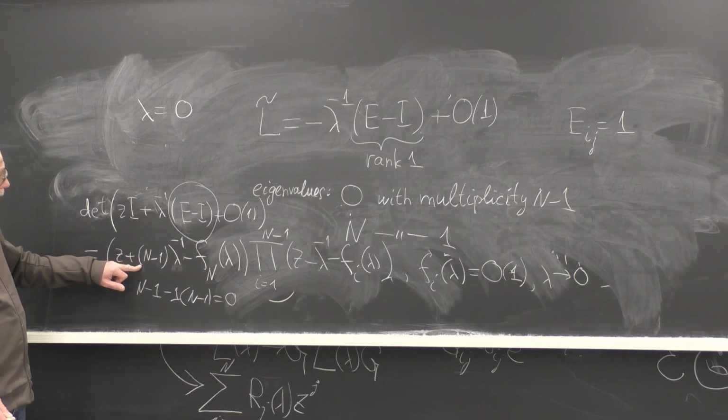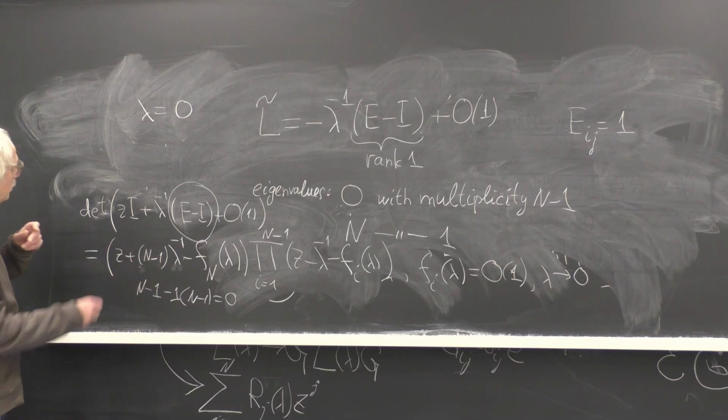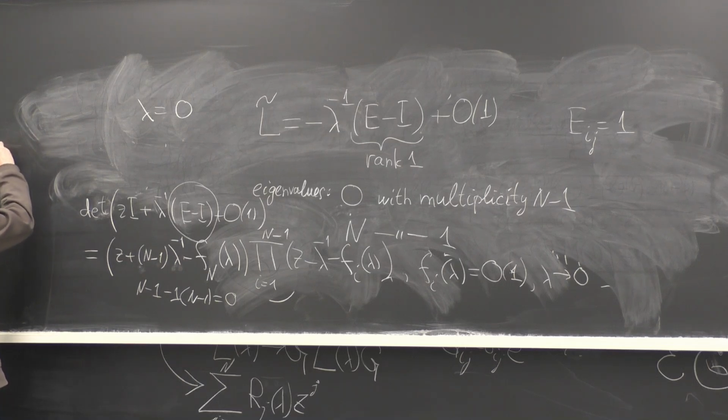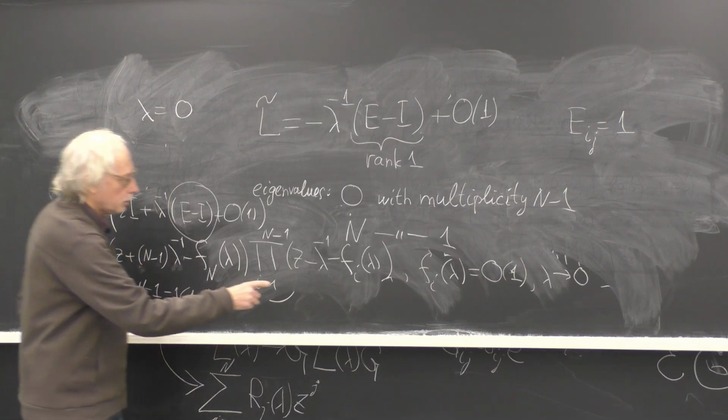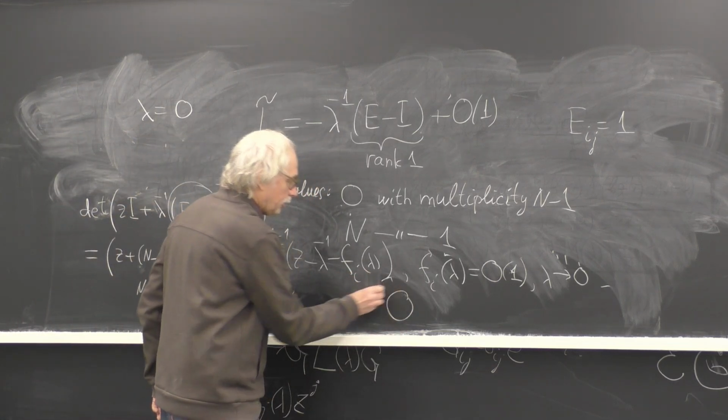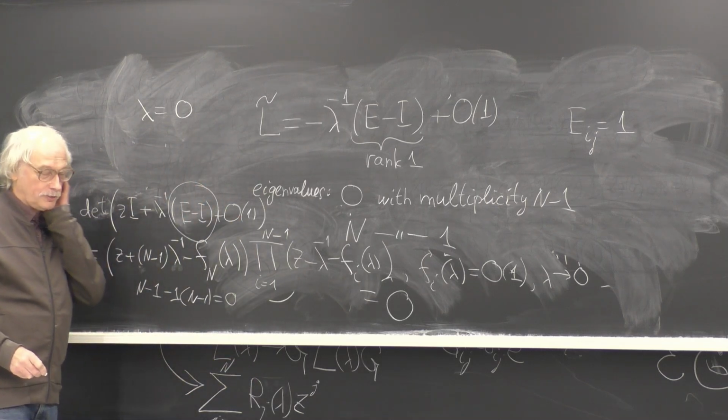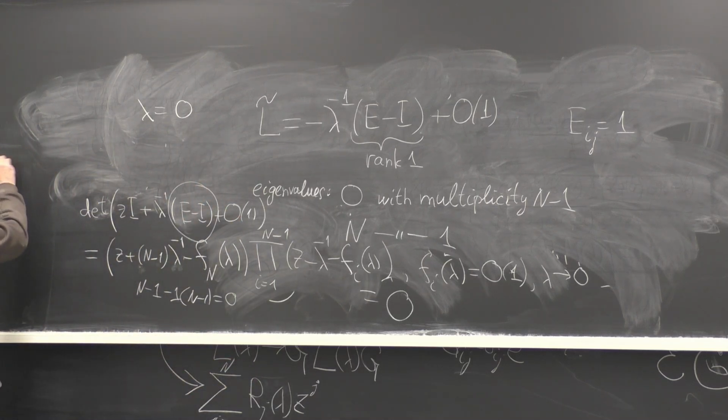So when lambda tends to 0, we have n solutions. If we put this equal to 0, so we consider the equation of the spectral curve, we see that here is the point 0. This is lambda.